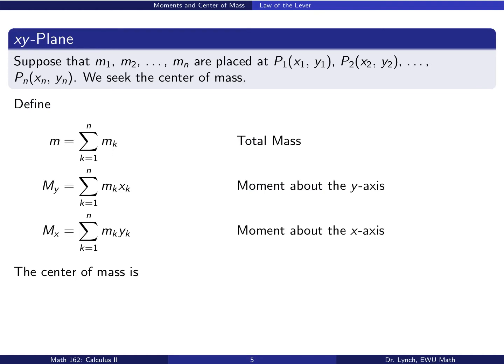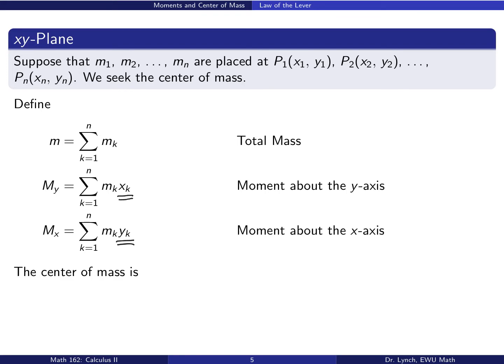M is the total mass. The moment about the y-axis, again, incorporates the x values because it tells how proportionally or disproportionately we are about the y-axis. Similarly, the moment about the x-axis tells us about the y values, about how much we tend to swing about the x-axis.